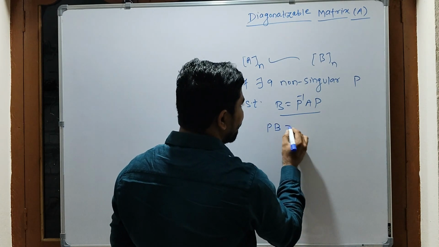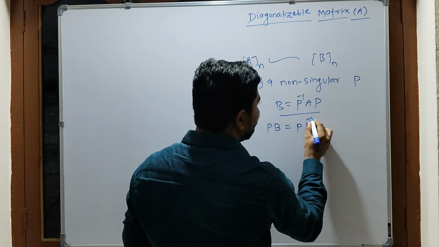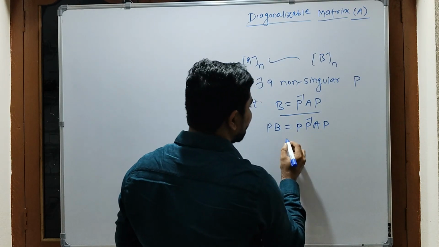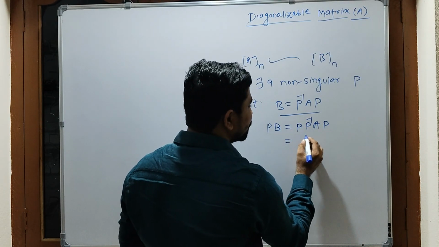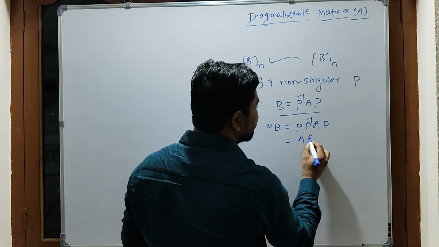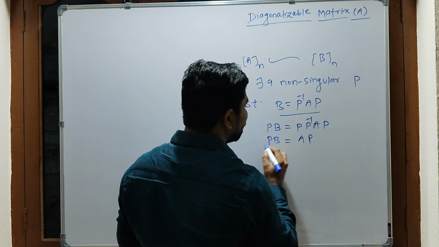P into B equals P into P inverse A P. P into P inverse is I, so this is simply A P, so this is my PB.